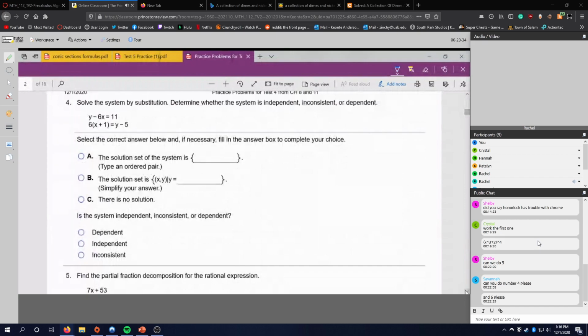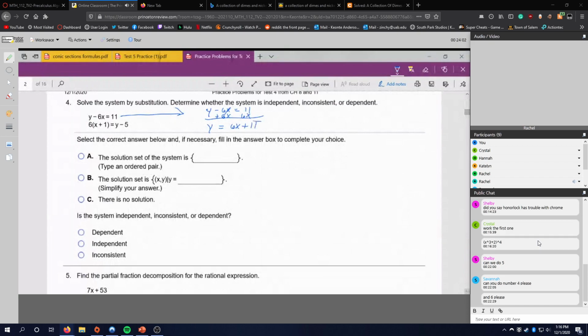So all you're going to do is either solve for X or Y, whichever one is easier, and substitute into the other equation. So looking at this first one, it looks easier to solve for Y because all I have to do is add 6X to both sides. So that gives me Y equals 6X plus 11.